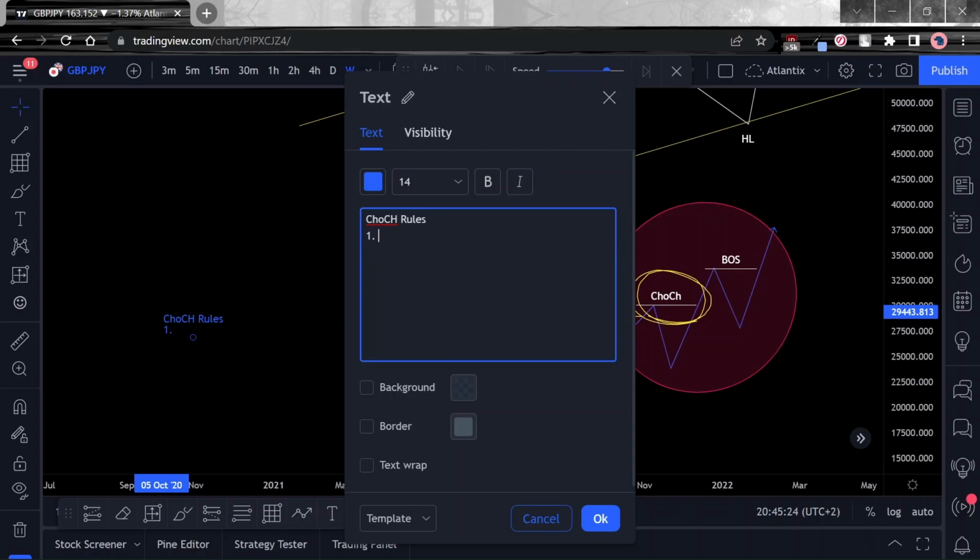One, every change of character must take place at a significant zone of supply or demand, or let's just put in brackets, area of value, right?